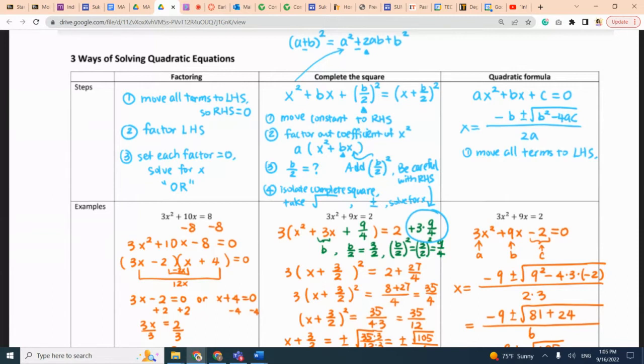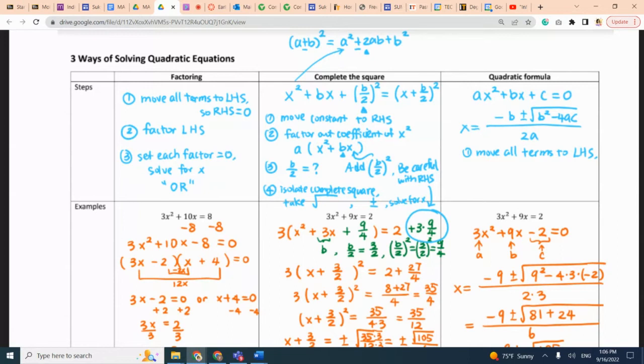Once we figure out a, b, c, then we can plug into the formula. See? Negative b, b is 9, so negative 9 plus or minus square root of b squared, which is 9 squared, minus 4 times a, a is 3, times c, c is negative 2.